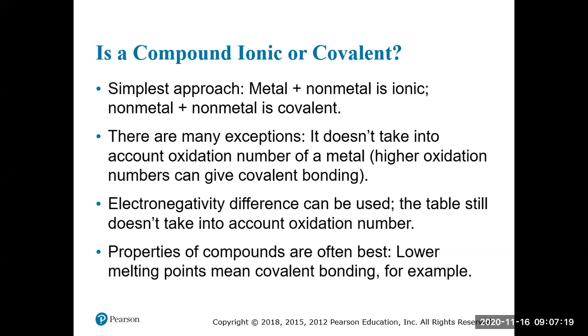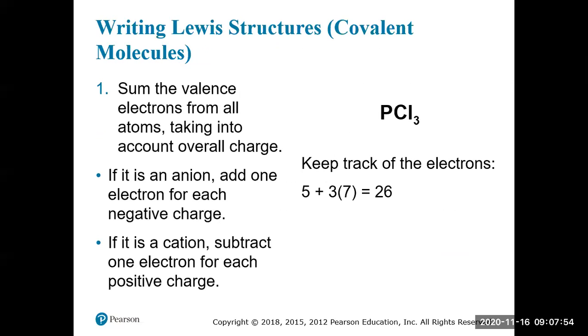One is that for the metals, if you get to some of the higher oxidation numbers, then you can get covalent bonding. You can use the electronegativity difference to figure some of this out, but that table doesn't really talk about oxidation numbers. In terms of properties, a lower melting point usually means you have covalent bonding.